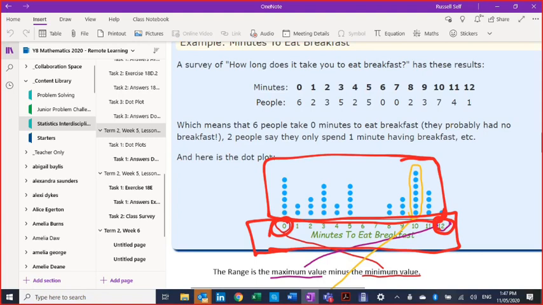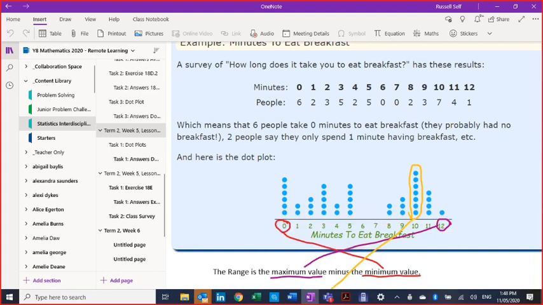So they went from 12 minutes to what? To 0 minutes, because we always do largest first. Which means we have a range of 12 minutes. And if it gives you units, you need to include units. And the reason we say the larger one first is because when you're doing the range, you always do the largest minus the smallest.